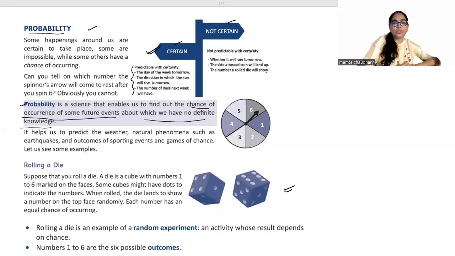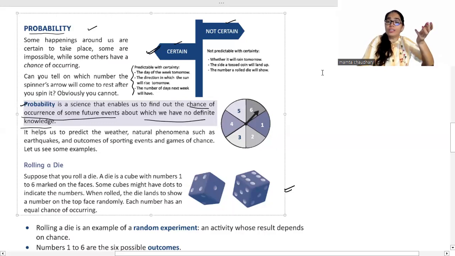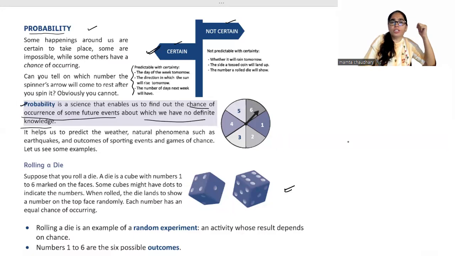Now, where do we use all these things in our daily life? Suppose we need to predict the weather report. How do they get to know? Are they going to the future with the help of a time machine? No, they are using probability. Some natural phenomena like earthquakes, outcomes of sporting events, games of chance.